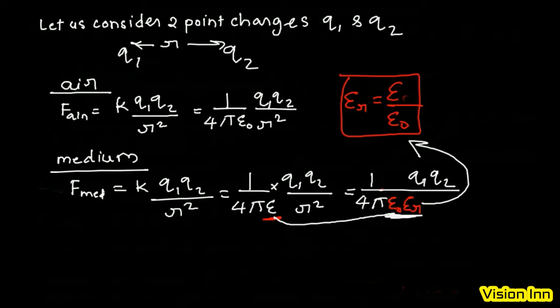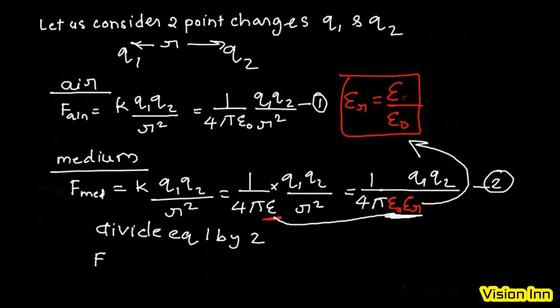Now if I take this equation as 1 and this equation as 2 and divide equation 1 by 2, then I get F of air upon F of medium is equal to, all these terms will cancel out, and finally what I'll get is relative permittivity, which is also given by K. Now from this we can get that, suppose there are two charges interacting in air, and the same two charges interact in a medium.